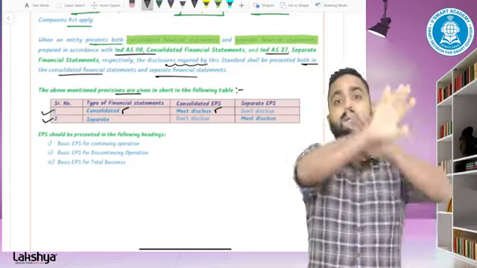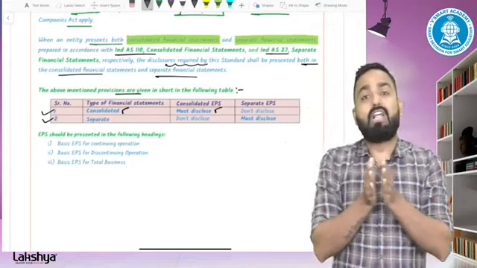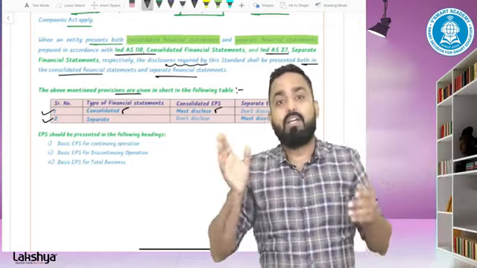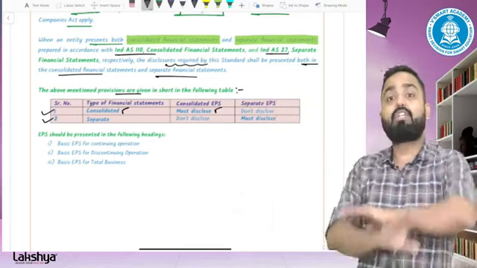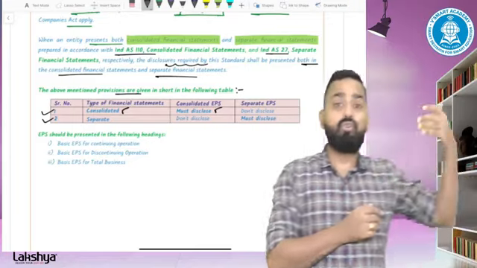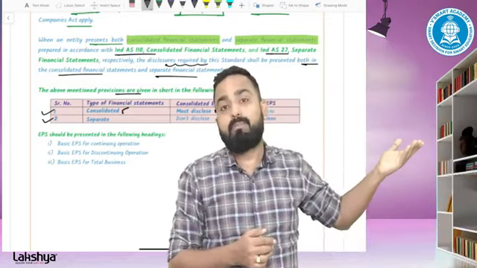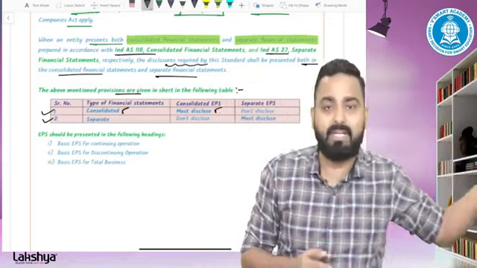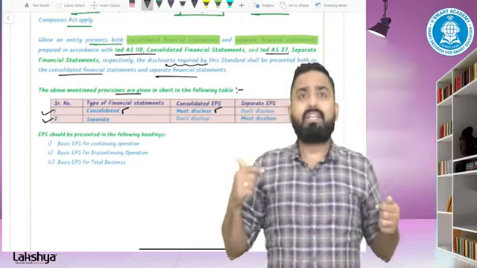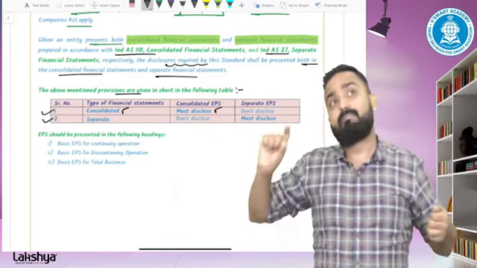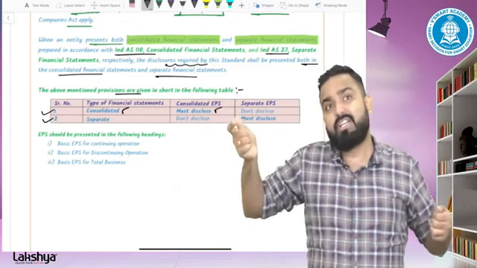And if you remember, the overall profit shall be further divided into two parts: the profit attributable to non-controlling interest of the subsidiary, and the total profit that belongs to shareholders of the parent company.